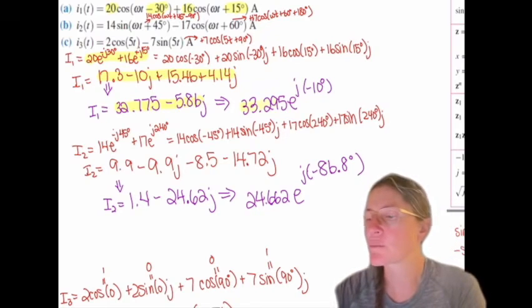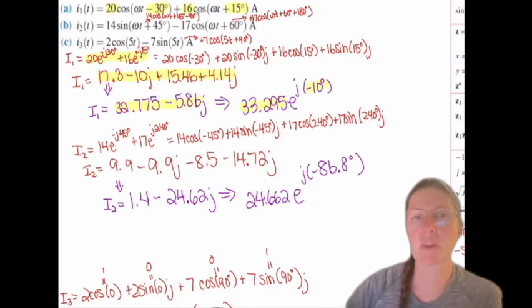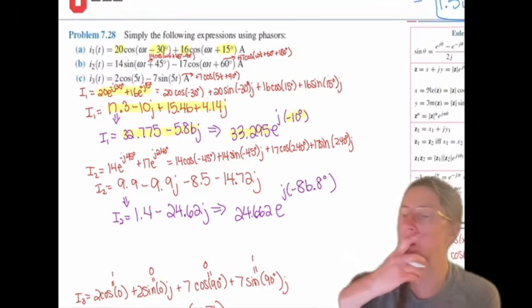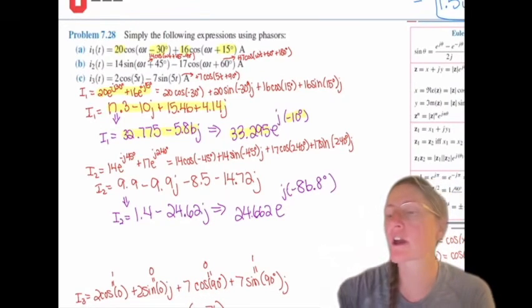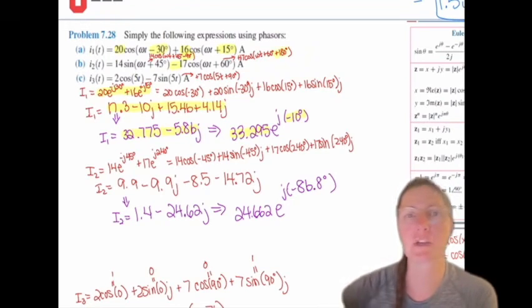You get 33.295 and a minus 10 degrees. And then for 14 sine, you change to cosine, so you're going to have a minus 90. And for the minus cosine, you're going to have a plus 180.